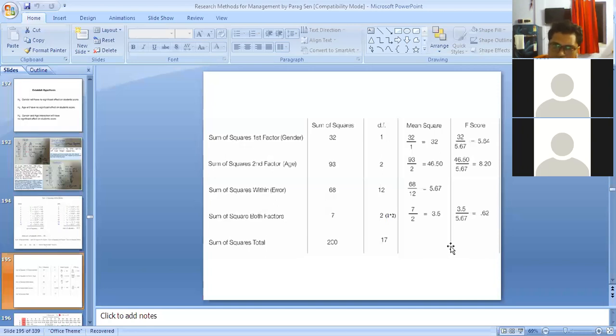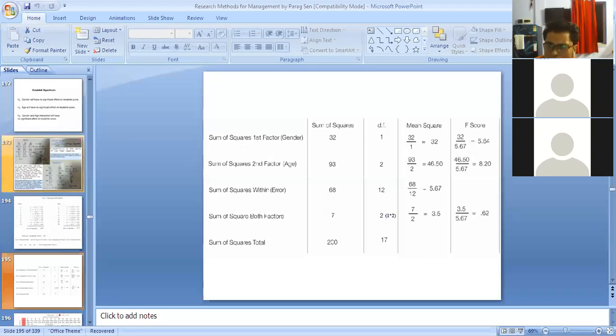Okay, so in the case of two-way ANOVA, just have a look, try to understand the difference. In the case of one-way ANOVA, you are calculating the sum of square for the first factor, that means gender, without considering the age.